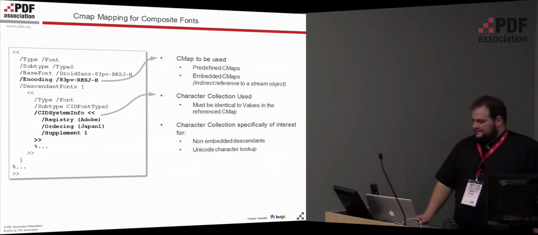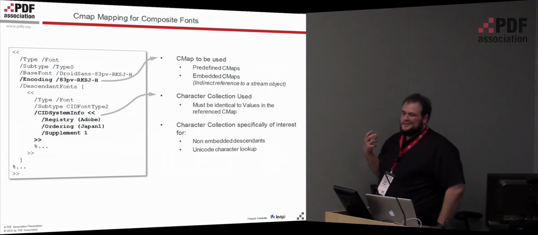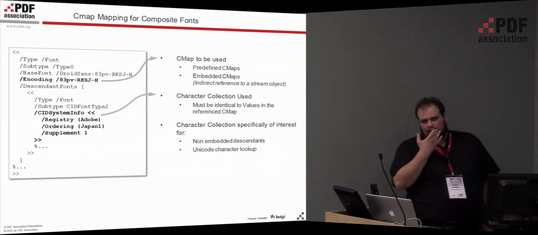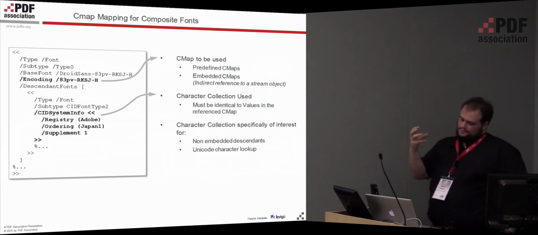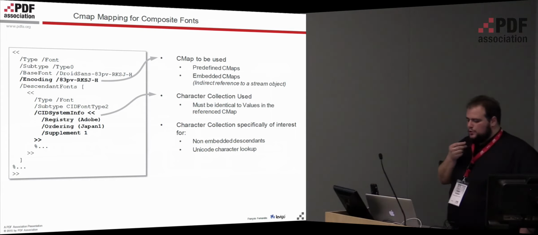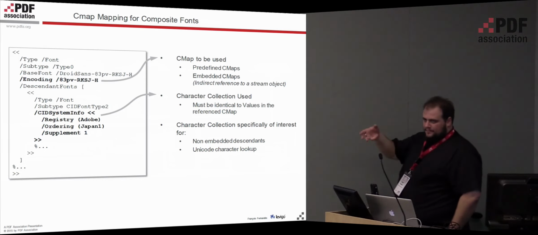So how is that specified? A composite font, or so-called type null font, is a bit more complex description or specification. We have an encoding and we have these so-called descended fonts. That means you have a basic structure.